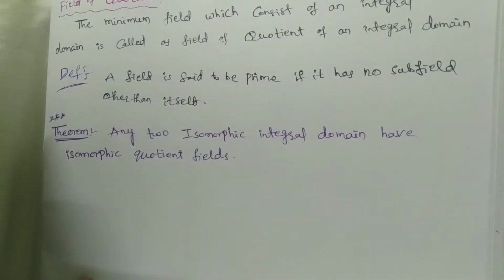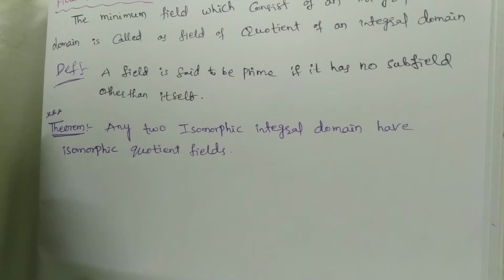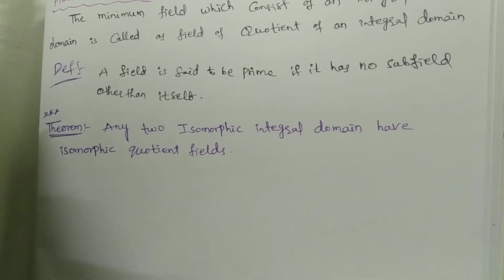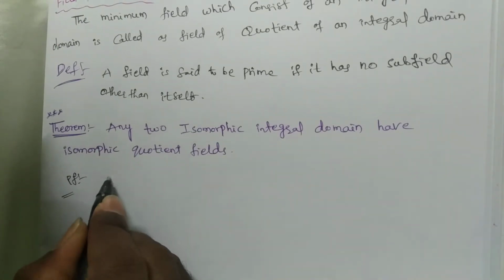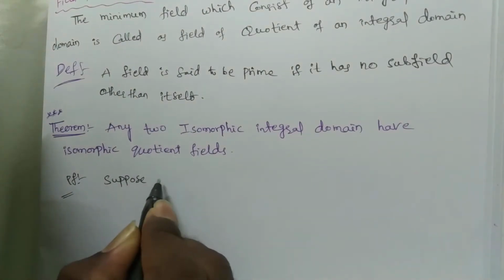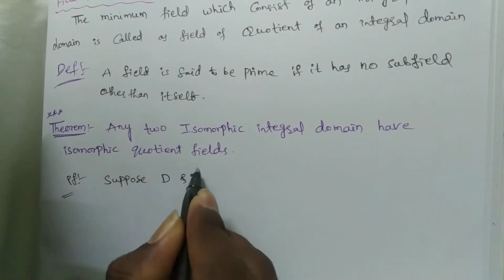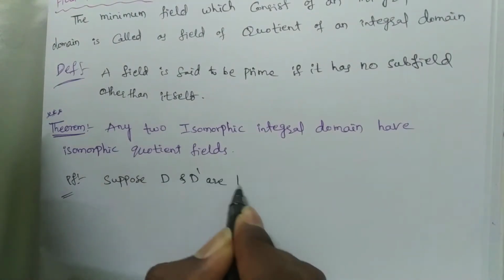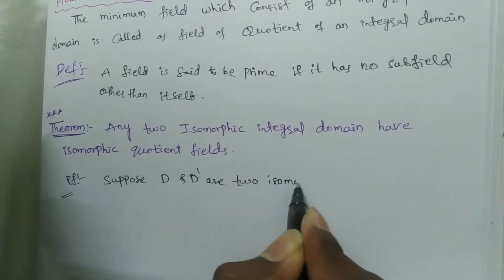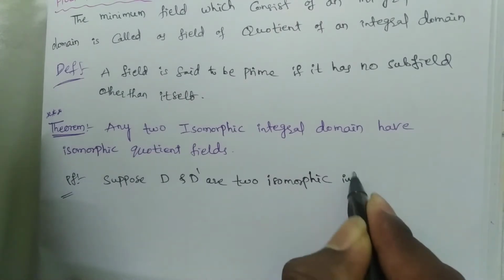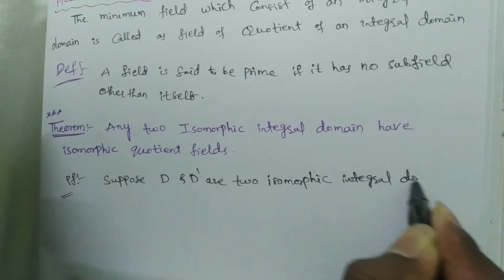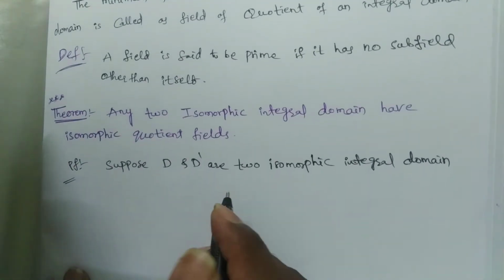Theorem: any two isomorphic integral domains have isomorphic quotient fields. This is a very important theorem. Proof: suppose D and D dash are two isomorphic integral domains.